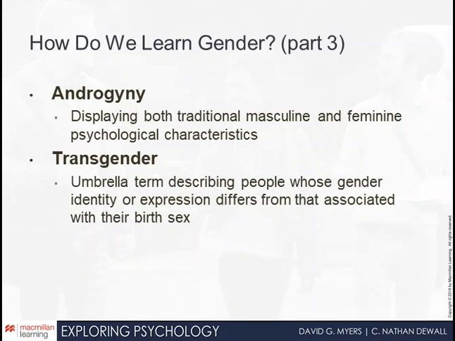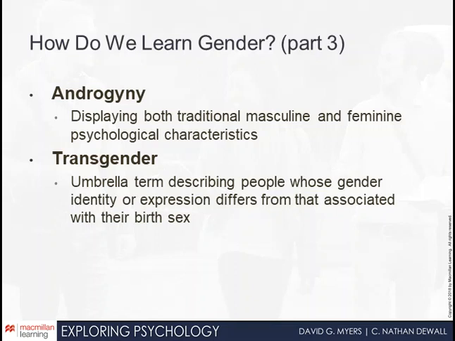But there are some other things that we need to talk about when it comes to learning gender. We have androgyny. Androgyny, displaying both traditional masculine and feminine psychological characteristics. And we also have transgender. Transgender is a global umbrella term describing people whose gender identity or expression differs from that associated with their birth sex.